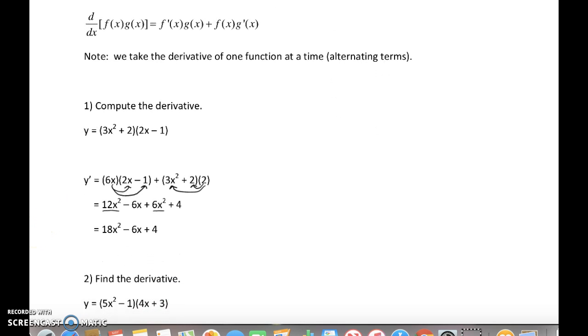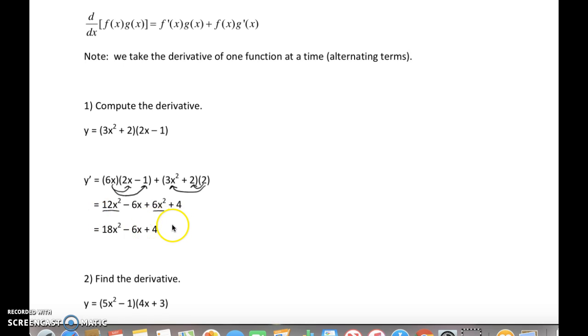actual product rule. And so we're looking at our first term being 3x squared plus 2. That's going to be our f of x. And our 2x minus 1 is going to be our g of x. All right? And so if we take the derivative of the first term, we end up with just 6x.